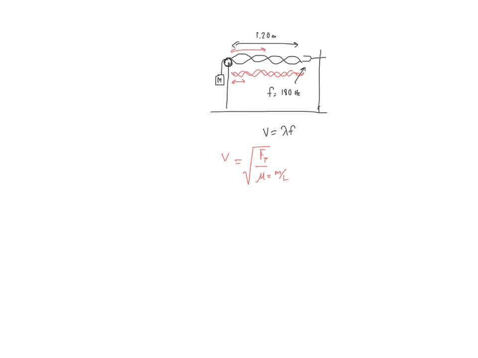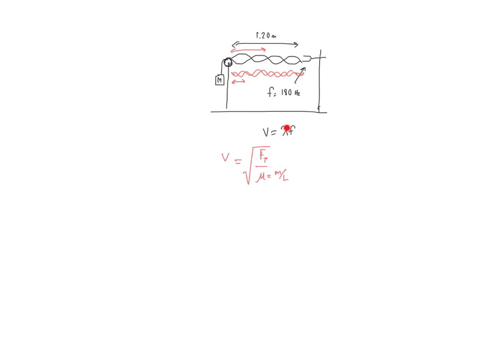So what we can see here is that the speed of the wave will increase if the tension increases, and it will decrease if the tension decreases, since tension is in the numerator. So remember, we also said how speed relates to this equation right here. So if we're doubling the number of loops, we're still connected to the same tuning fork, so the f is going to be the same, but since we're doubling the number of loops, the wavelength is going to be smaller.